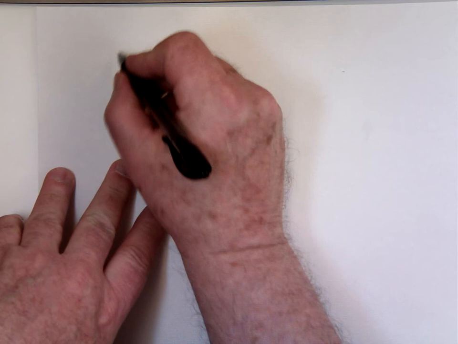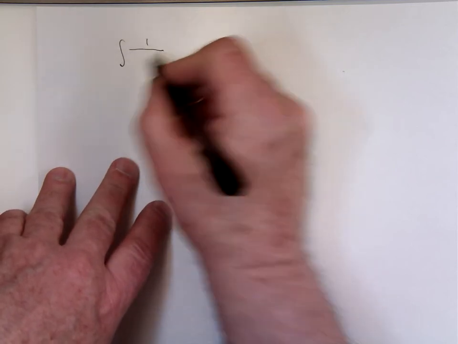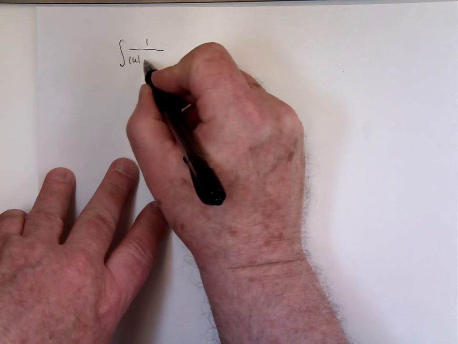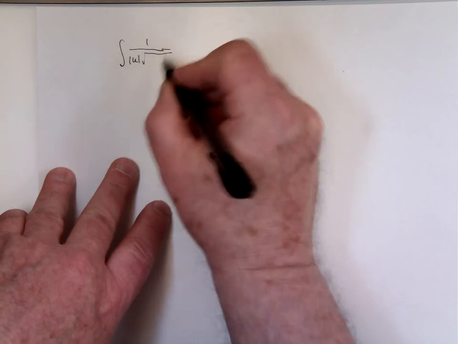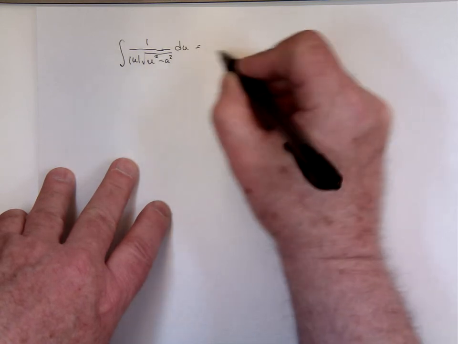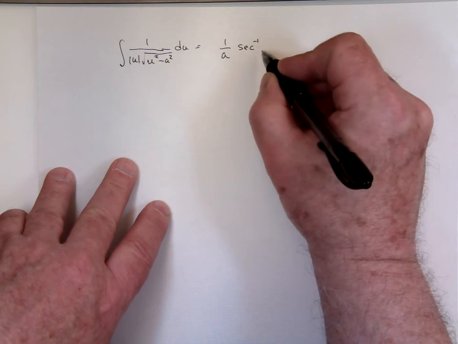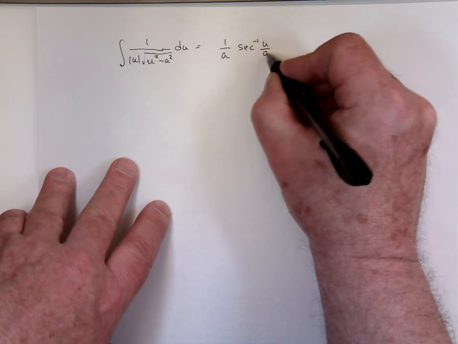The integral of 1 over absolute value of u, square root of u squared minus a squared du is equal to 1 over a inverse secant of u over a plus c. That's what we just derived.